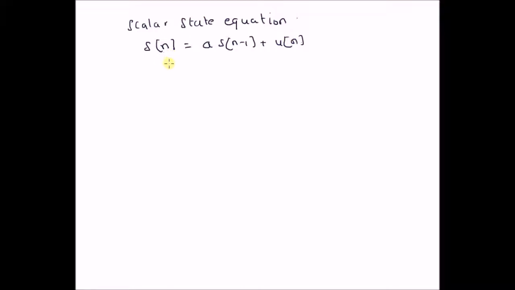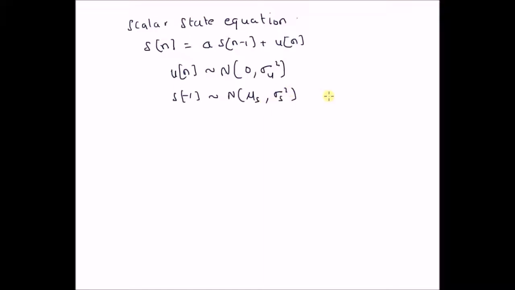Clearly, the state we are interested in is S of n, and it is related to its previous state S of n minus 1 through this relation, where U of n is basically a noise, follows a Gaussian distribution with mean 0 and variance equal to sigma square U, and the initial state S of minus 1 also follows a Gaussian distribution with the initial mean mu s and variance equal to sigma square s.